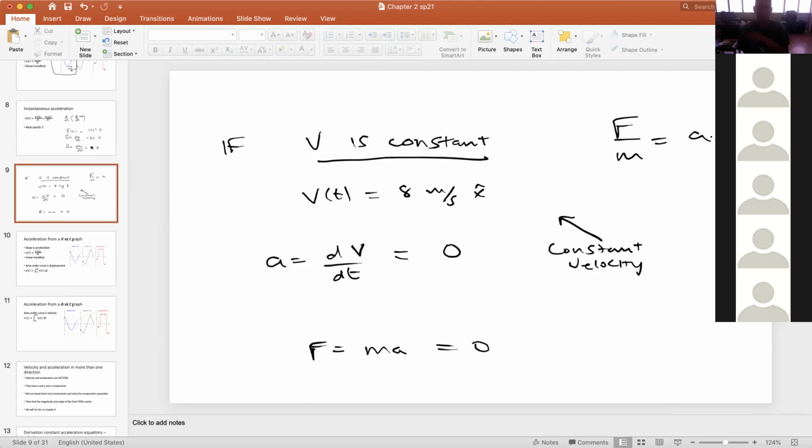Mass is always, so something that we're going to deal with all the way up until chapter 8, maybe 9, is something called the rocket equation. But we're going to assume that mass is a constant value and that mass can't change.